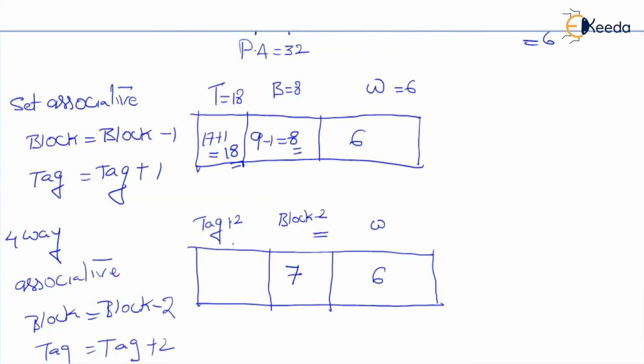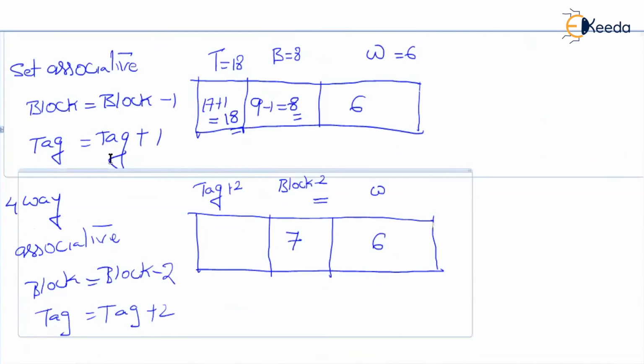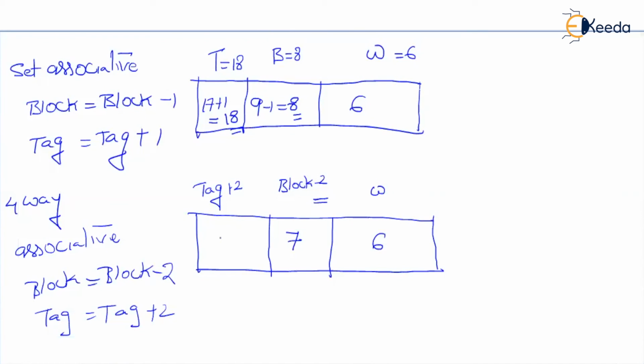In direct mapping we have tag 17, and 17 plus 2 is equal to 19.